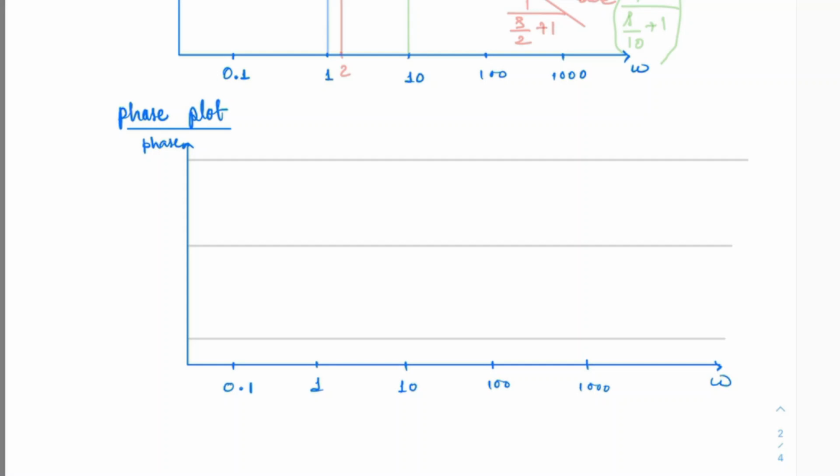Let's draw the three lines: this is for 0 degree, 90 degree, and minus 90 degree, and intermediate points of plus 45 and minus 45 degrees.